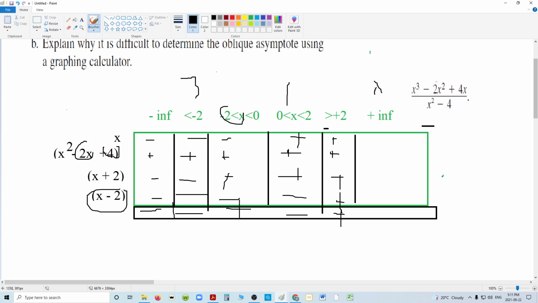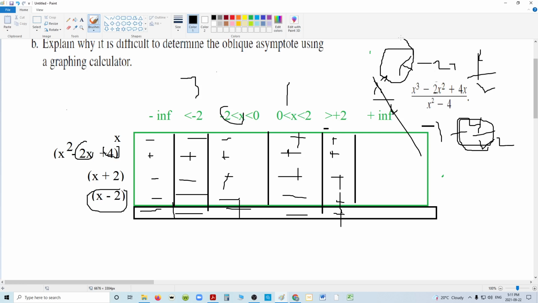Yeah, if I take an x squared out of both sides, I'd be left with x minus 2 plus 4 over x on the top, and just 1 minus 4 over x squared on the bottom. And I could see that as x reaches infinity, when these cancel out, it just becomes infinity over 1.